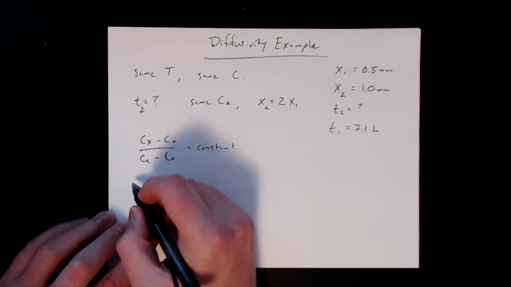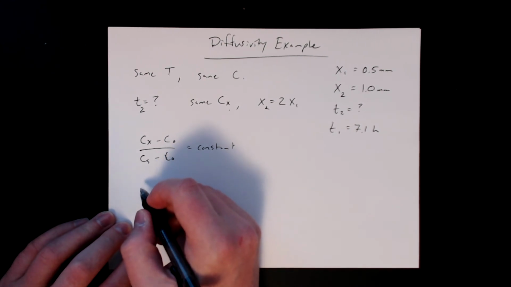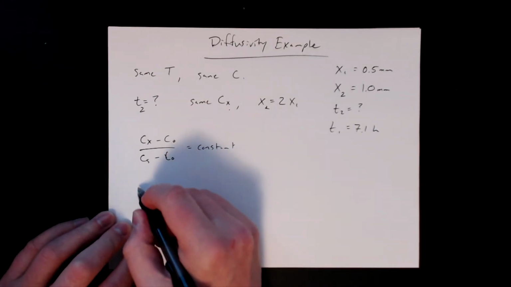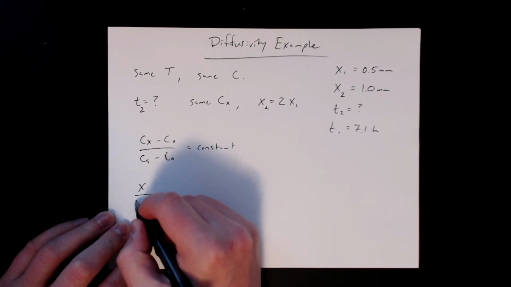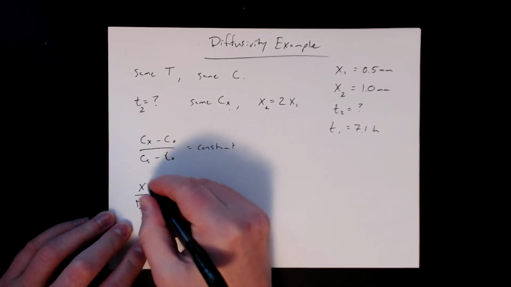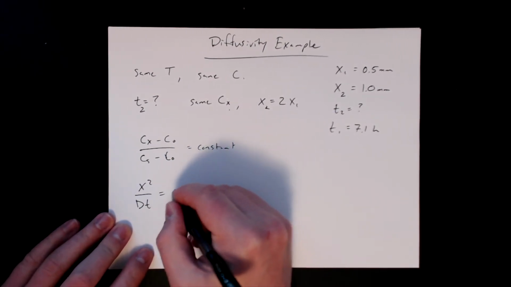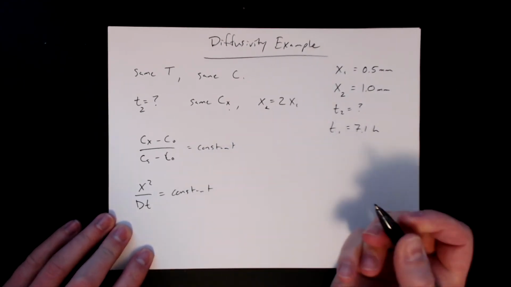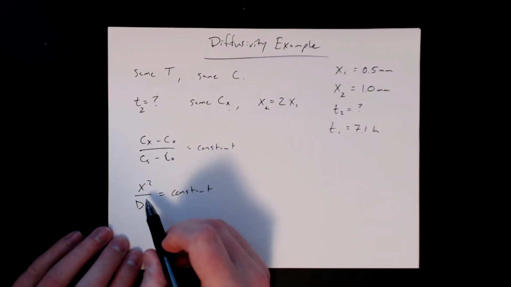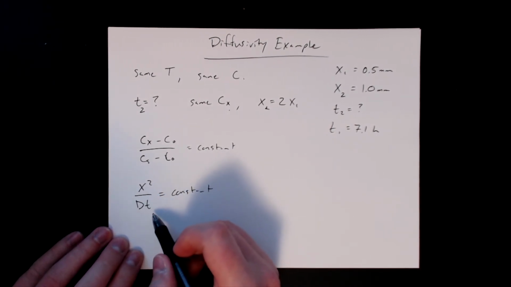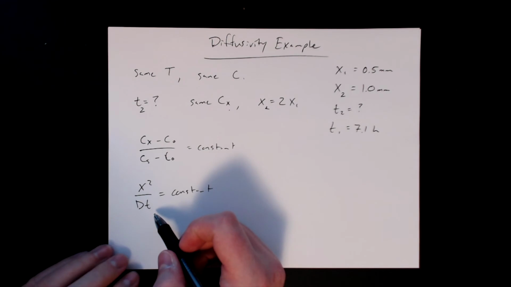So we know from the previous slides that if this is a constant, that tells us that x squared over Dt is also a constant, right? So if anything here varies, then the other variables have to compensate for that, right?